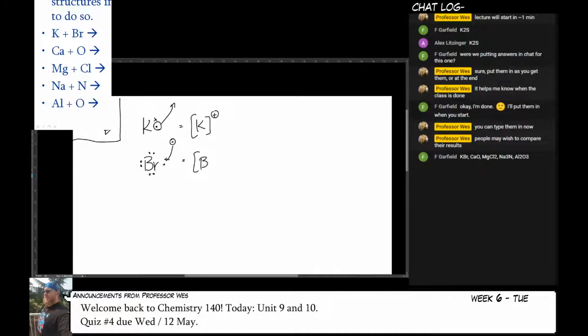And that would become Br minus. And I can see that these two together will balance out, so my formula will be KBr.